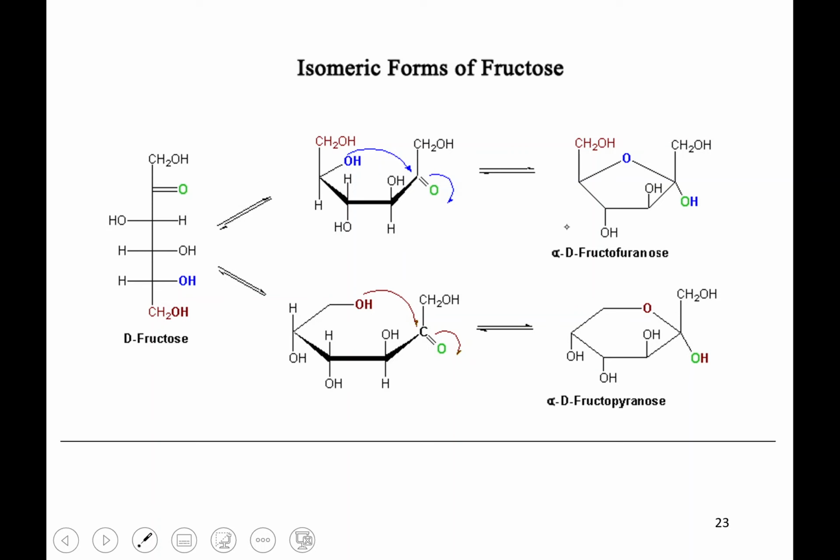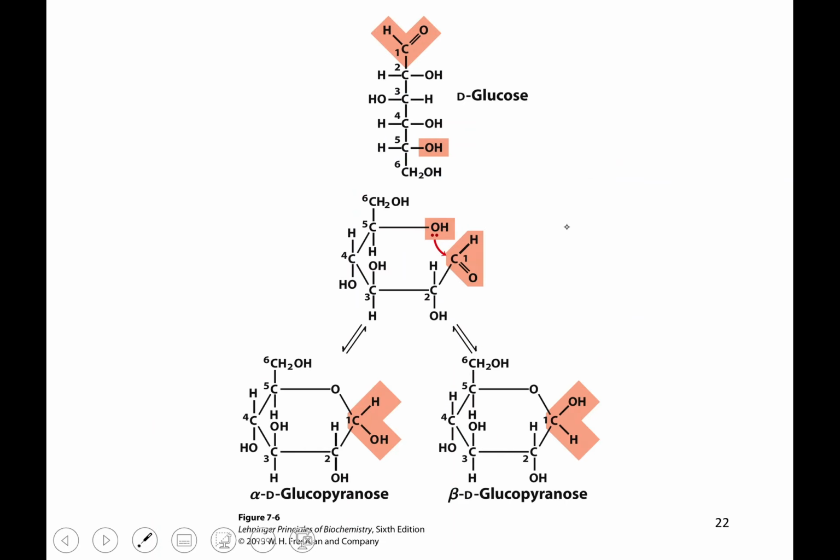Let me go back one slide. So when we're talking about glucose, the ring forms of glucose and the ring forms of fructose and ribose too, in a way, those are the structures I would expect you to know the open forms of, but it's also important to note when you draw the ring forms of them, are the OH groups going to be facing down or up at each of these carbons?